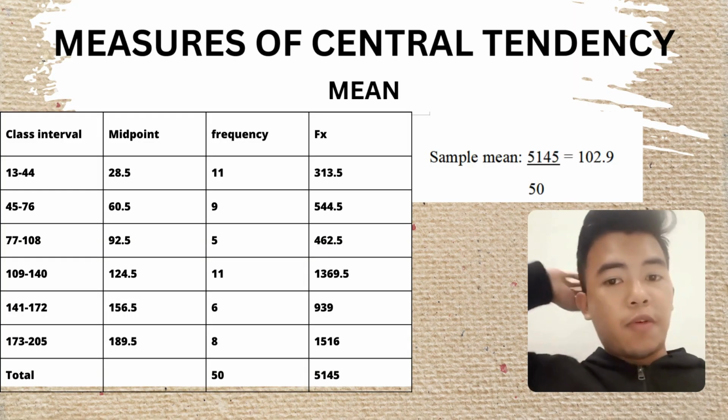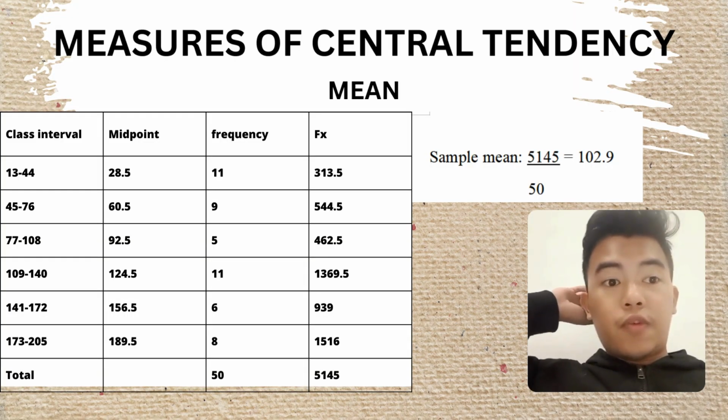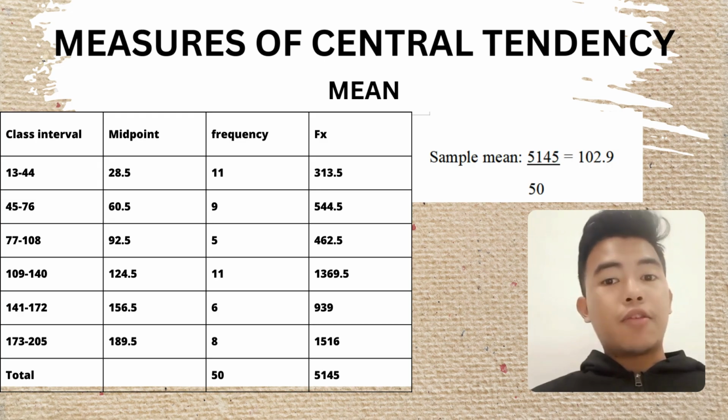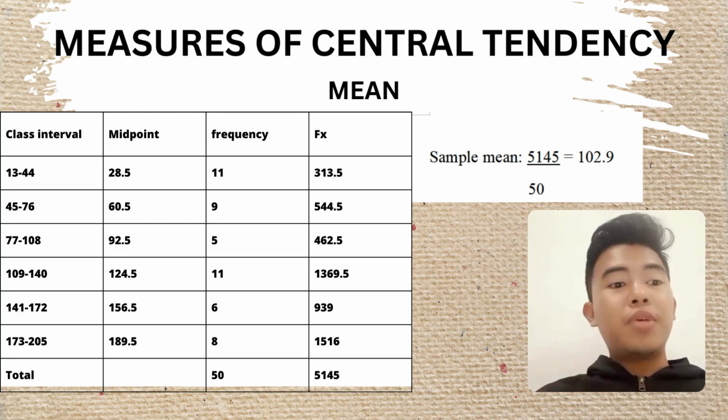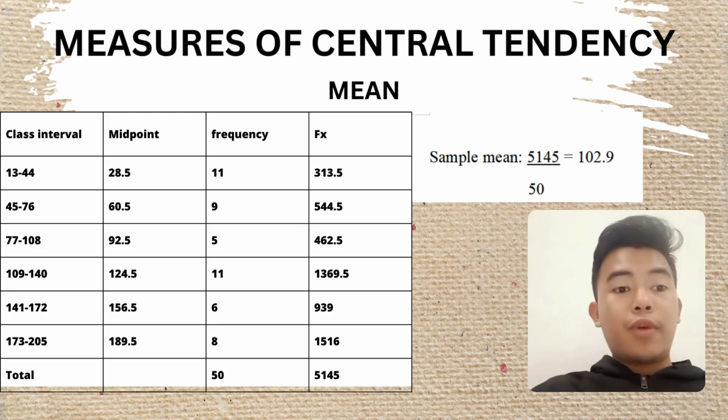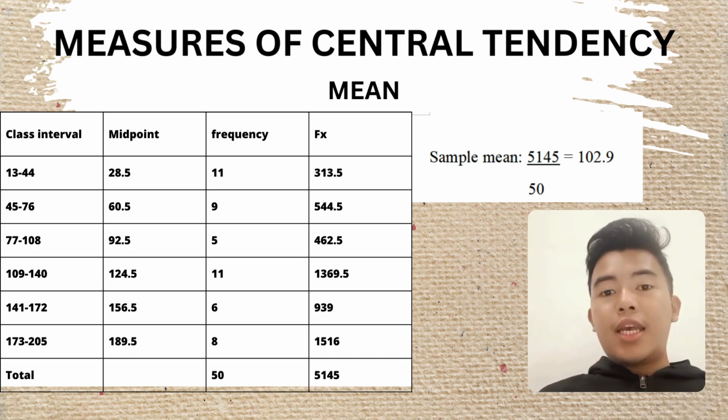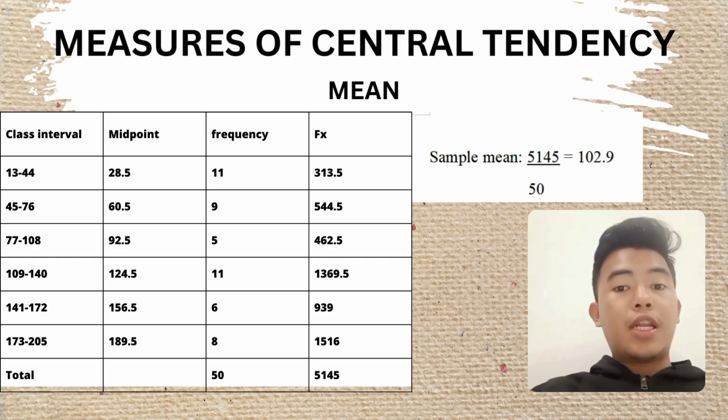As for my part, to find the value for measures of central tendency, there are three measures of central tendency. We have a table for class interval, midpoint, frequency, and relative frequency.